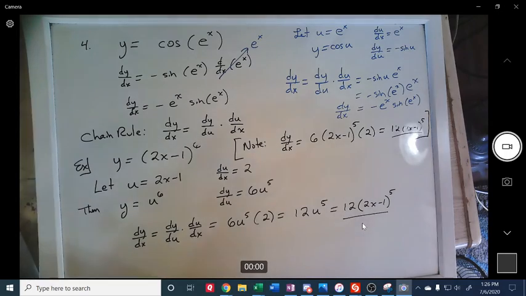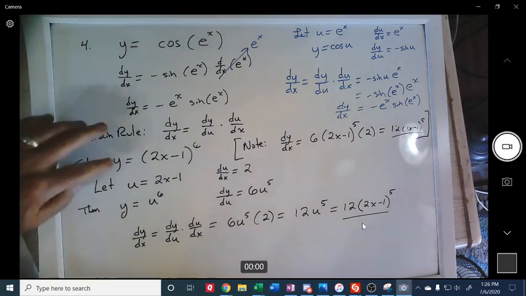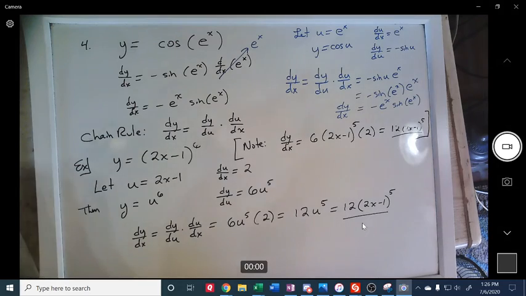So this is a conceptualization of the chain rule.